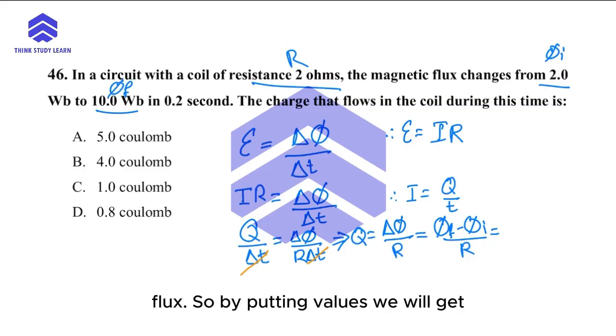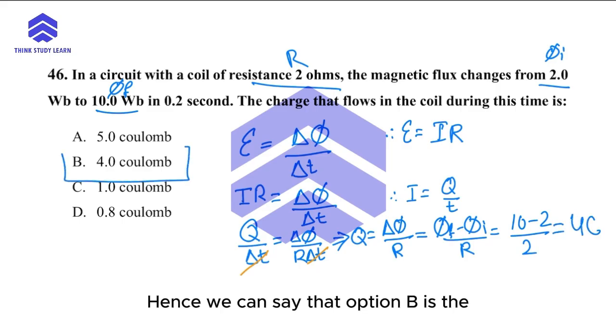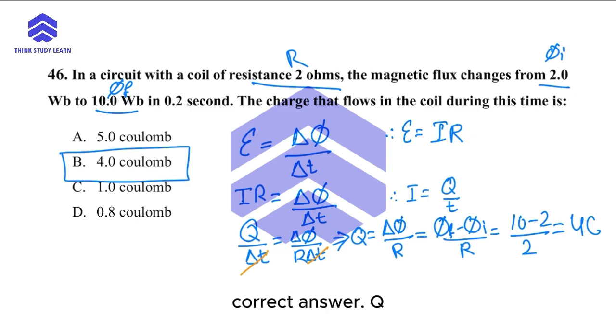By putting values, we get 10 minus 2 divided by 2, which is equal to 4 coulomb. Hence, we can say that option B is the correct answer.